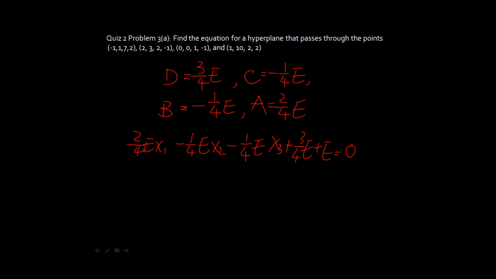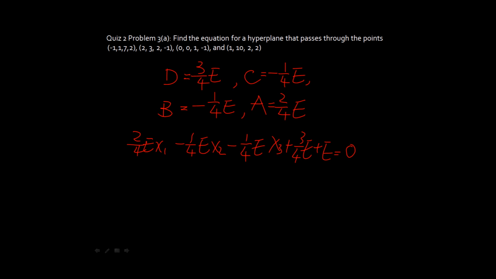Okay, but this is not the answer yet, because I still have an unknown here, right, the E. So what are we going to do about it? One way to do so is we imagine E can be any value. We can notice that if E changes, A, B, C, D will also change accordingly, right? So it doesn't matter if E has a different value. So to make it easy, we set E equals to 4, so that it will cancel the denominator for each of the terms.